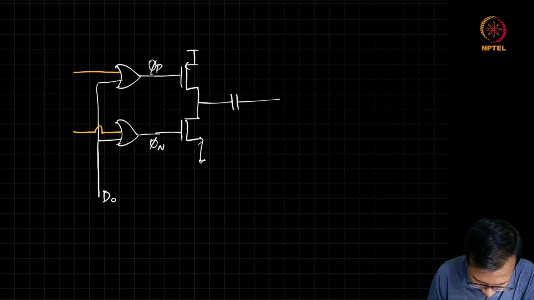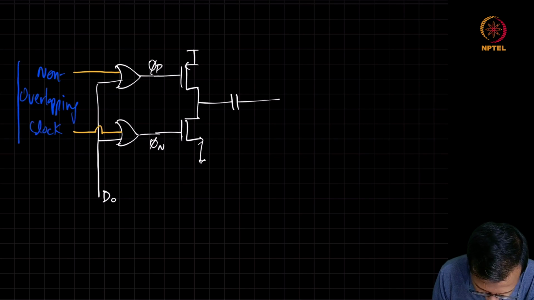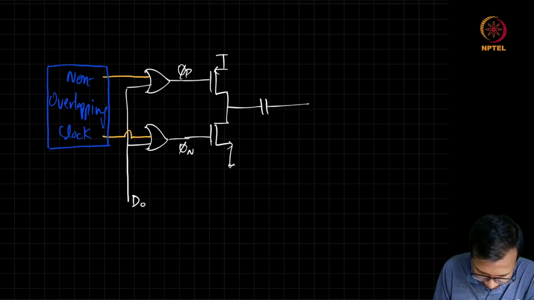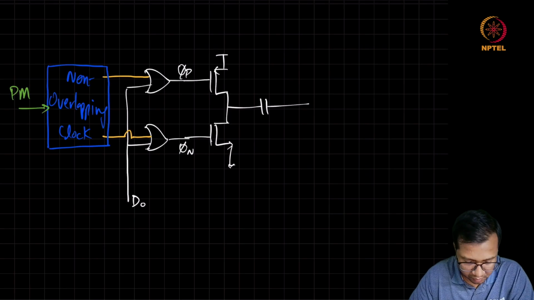So here we can generate the non-overlapping clock, and feed the phase information or the PM signal to this path.